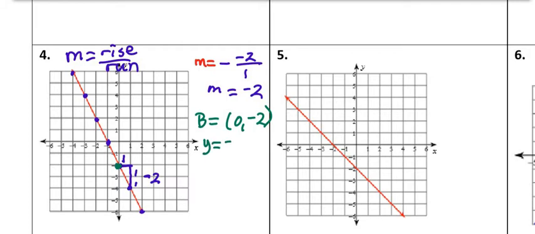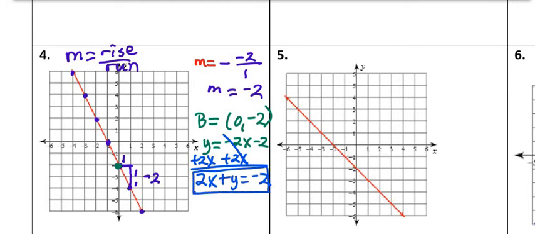So I have y equals -2x minus 2. We have to move the x over in standard form. So it's going to be plus 2x, plus 2x. This cancels out and I have 2x plus y equals -2. So this right here is in standard form.